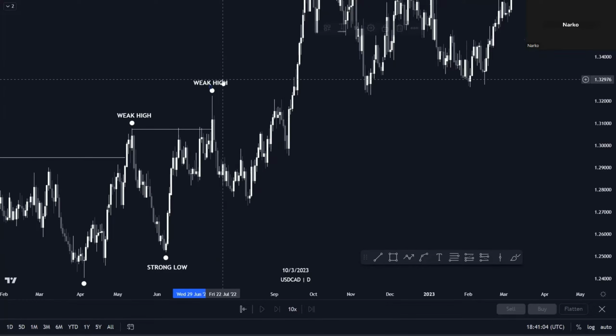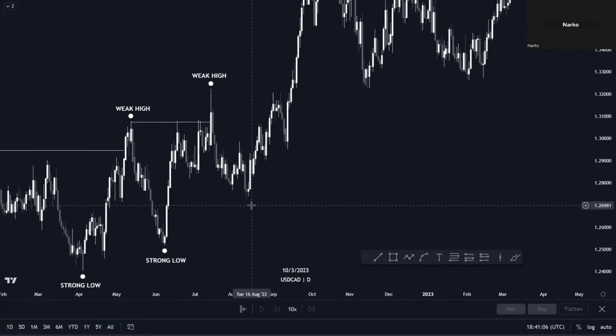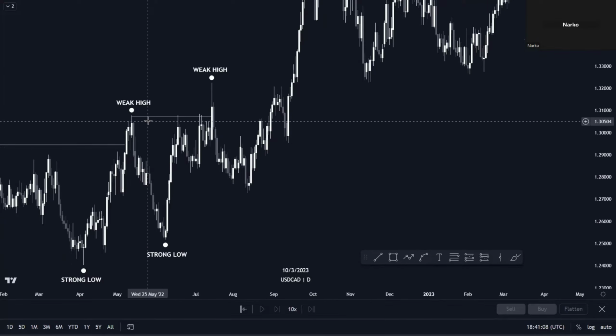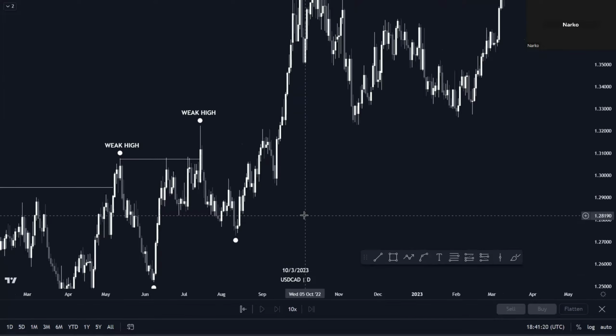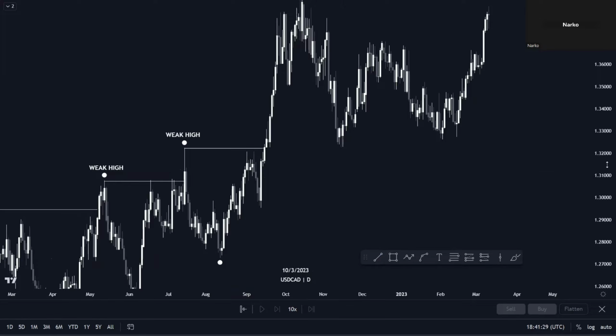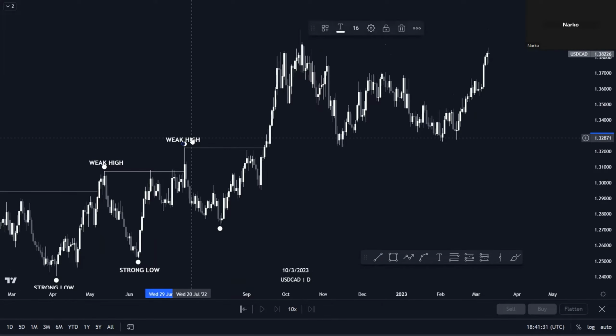Continuing with price, as you can see, after the previous high was violated, we had a pullback to the downside, and here we have a new higher low, and price pushes to the upside, violating our previous higher high and creating a new higher high here.